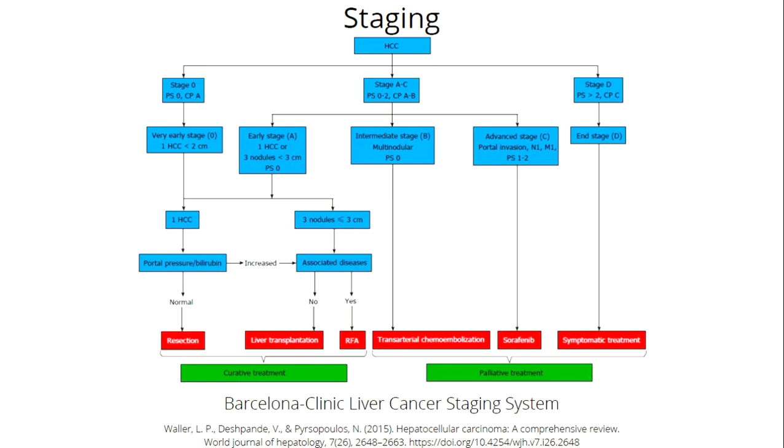According to the Barcelona Clinic liver cancer staging system, there is staging that occurs in diagnosing liver cancer. Here we have the stage 0, the stage A to C, and up to the stage D. This is according to the nodules according to its size.